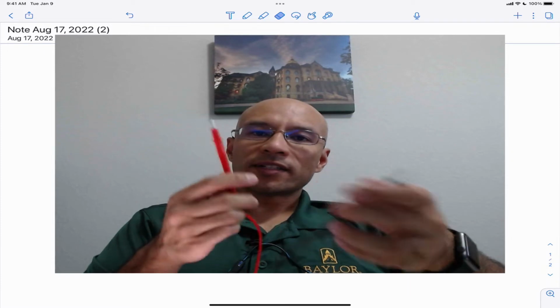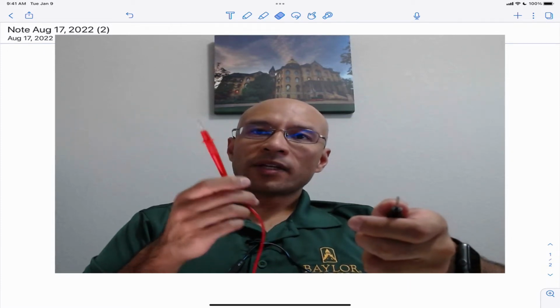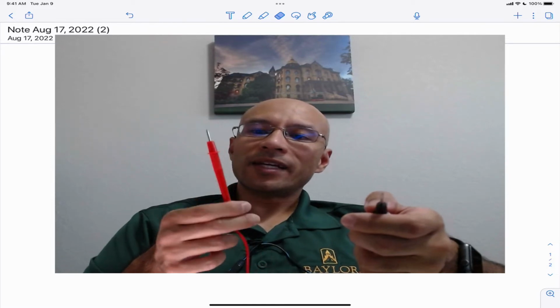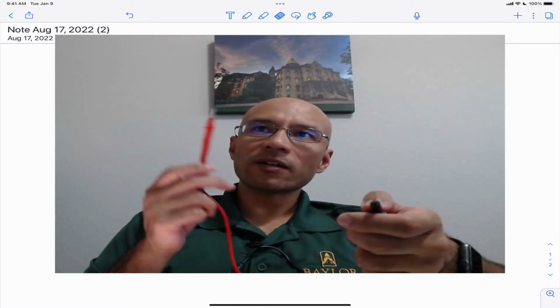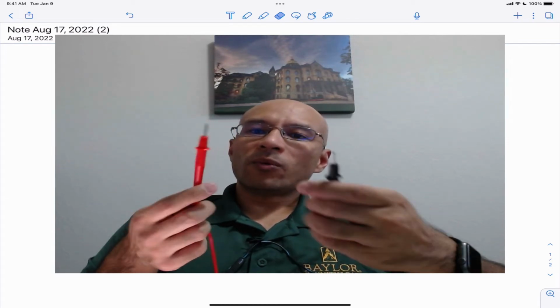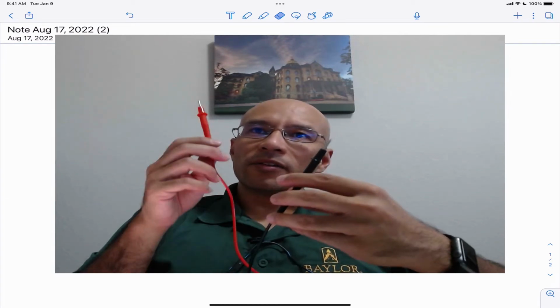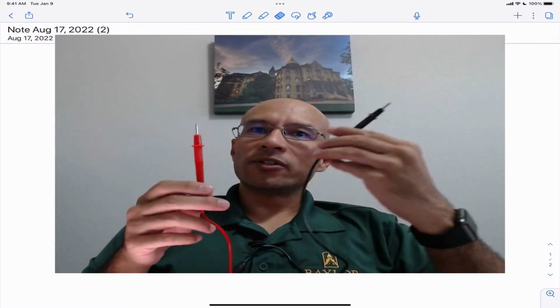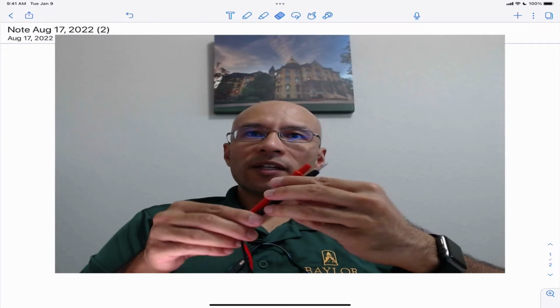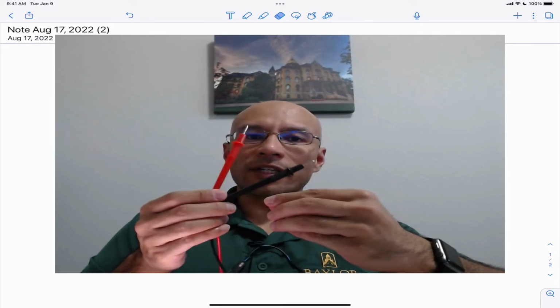And this red one gets assigned a plus sign. Honestly, I'm not sure that there's a generally accepted name for this. I call it the observation probe or the main probe. But whenever we measure something, it's the observation probe compared to the reference probe. And so this will come up as we get into measuring a circuit.